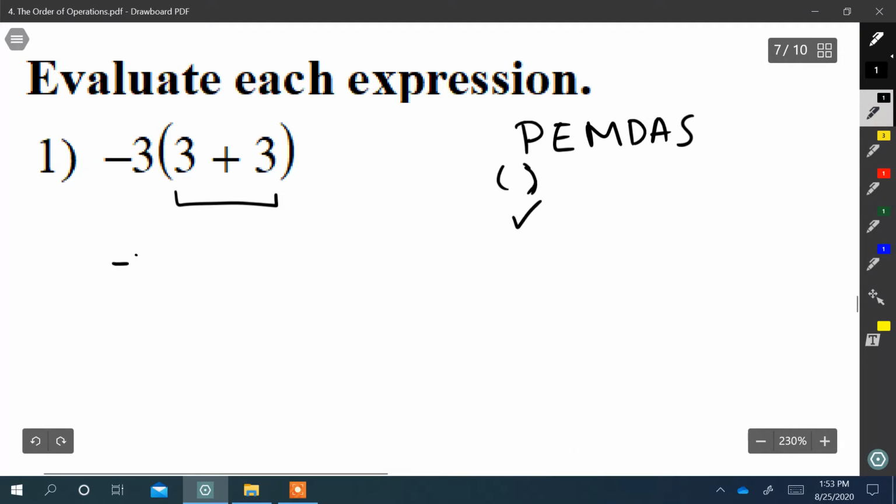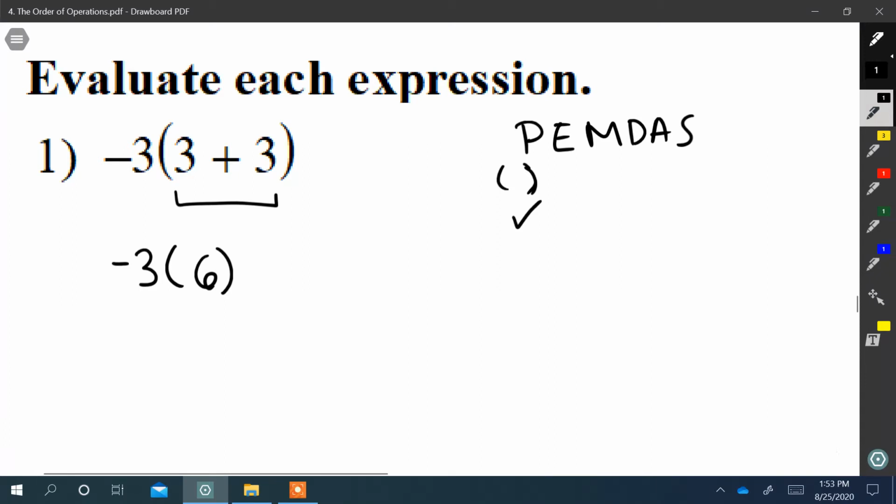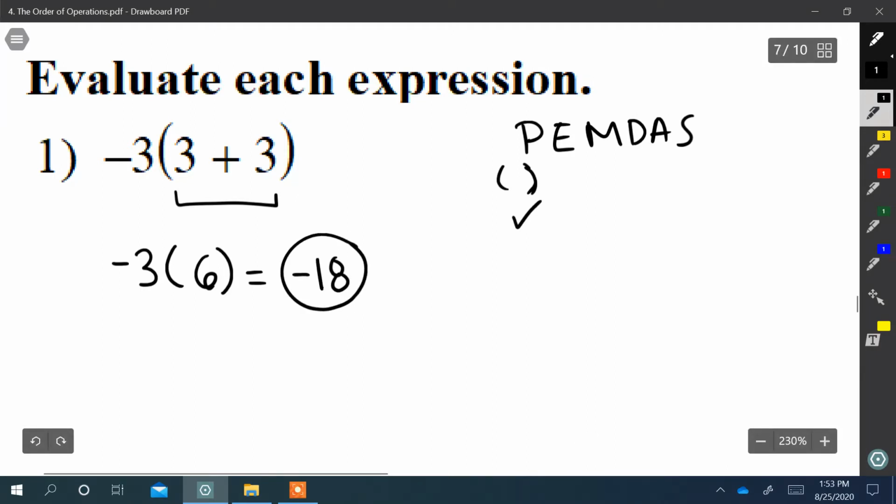So negative 3 times 3 plus 3 will be negative 3 times 6. And like I mentioned, guys, we are going to be working with negatives now. So the answer for this one is actually negative 18. Before, we never got negative answers. Now, you should expect to get negative answers. It could be positive or negative answers.